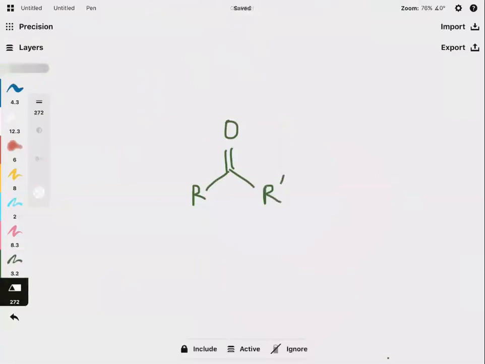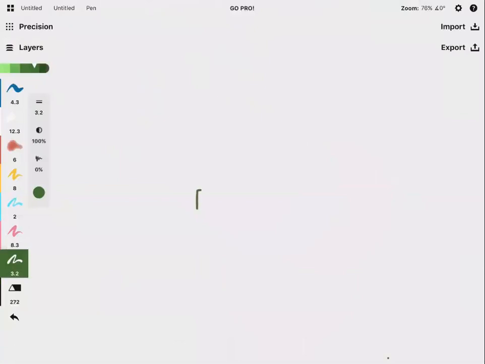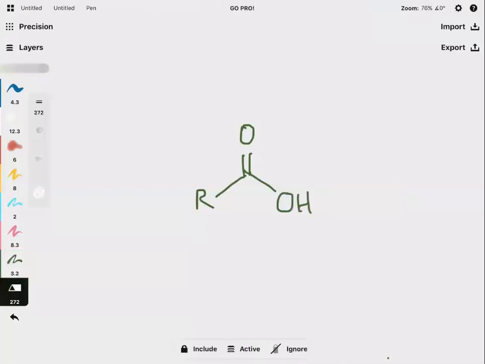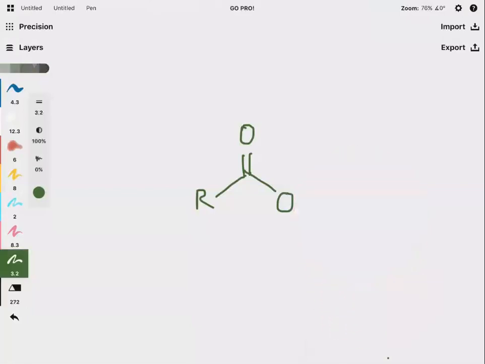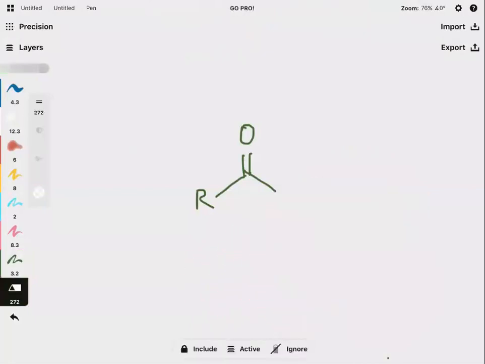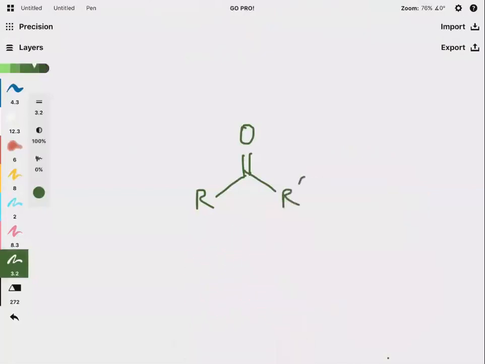So let's go through them a little bit faster. That's an aldehyde. That's a carboxylic acid. That's an ester. And that's a ketone.